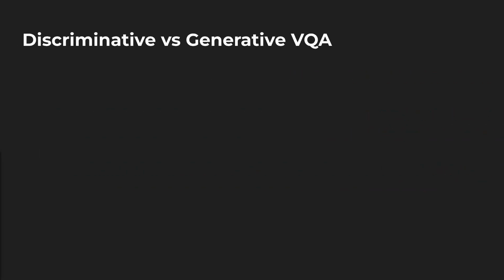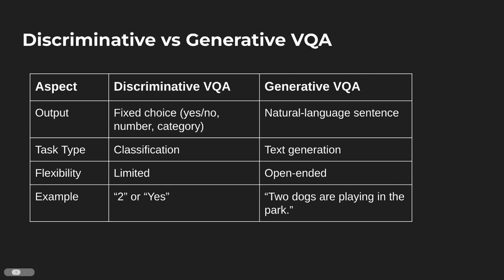Let's now compare both approaches. In simple terms, discriminative VQA is a classification problem, as it needs to choose from a fixed set of options like yes or no, or some numbers or some choices, basically depending upon the task we are trying to solve.